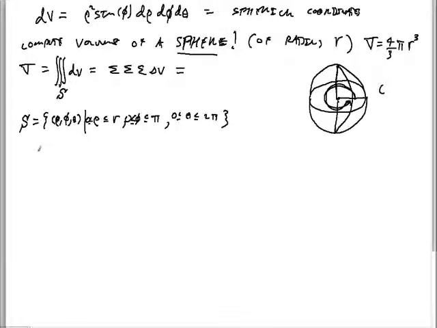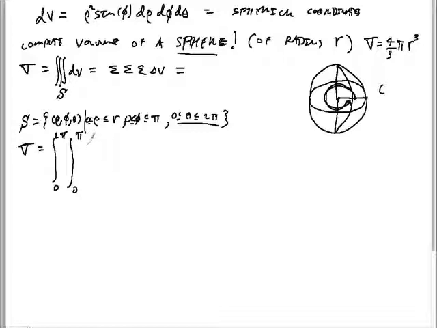So that means we can actually make an iterated integral out of this now. So we have V, capital V here, equal to the integral, and we'll do it from 0 to 2 pi. That's the theta. And we're going to go phi from 0 to pi.